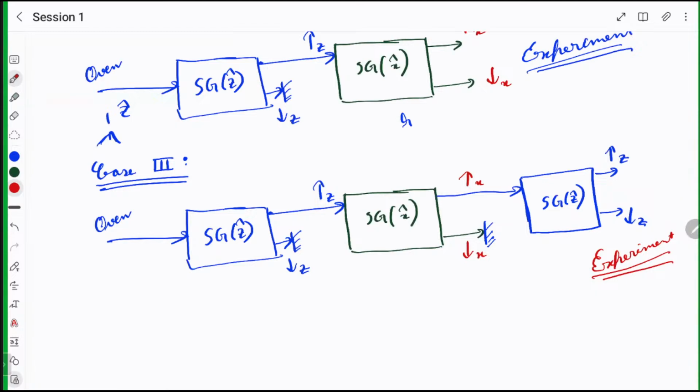Classically speaking, if we do something in an orthogonal direction, in a normal direction, then it should not affect my outcome. Previously only up z was coming out, so now only up z should have come out.